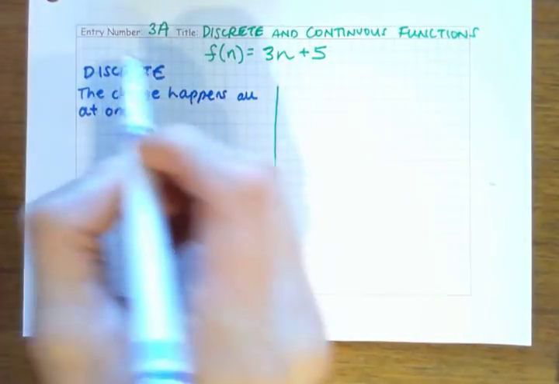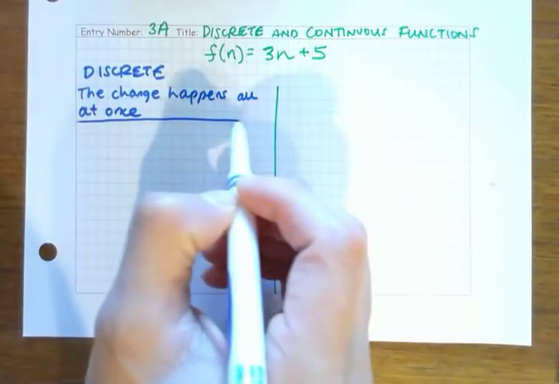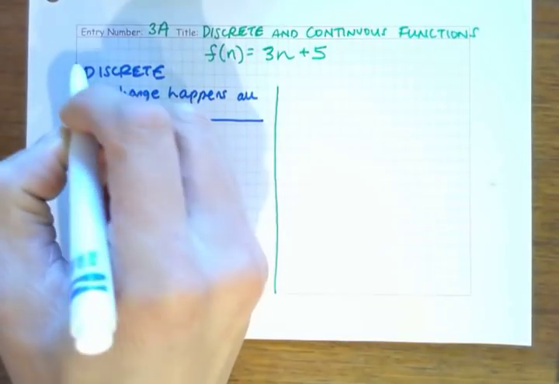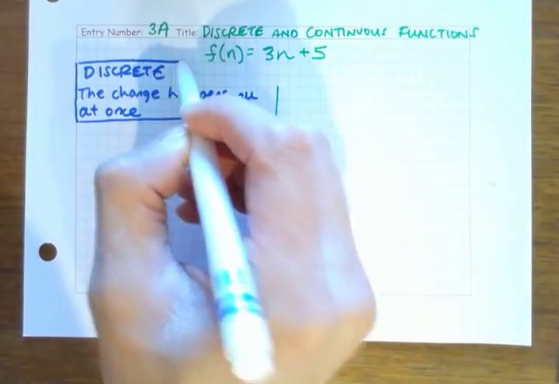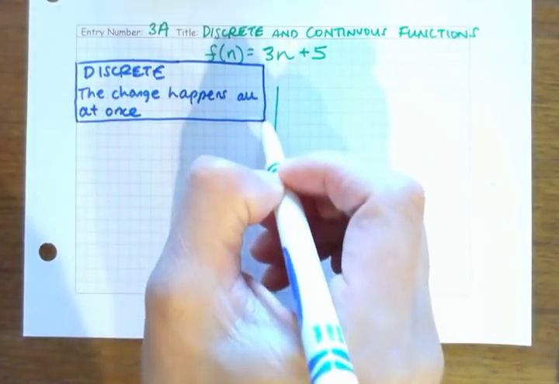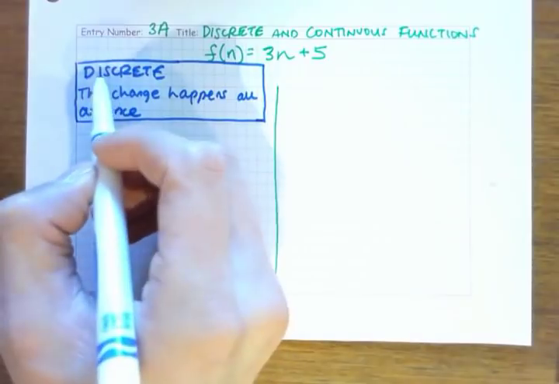So I'm going to put a box around this. Underline discrete also.